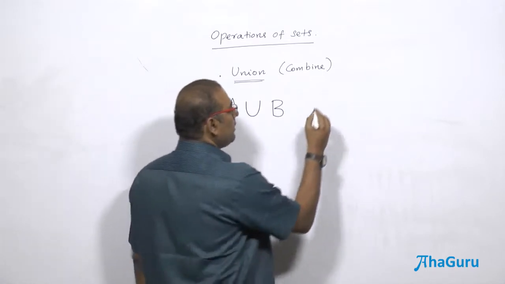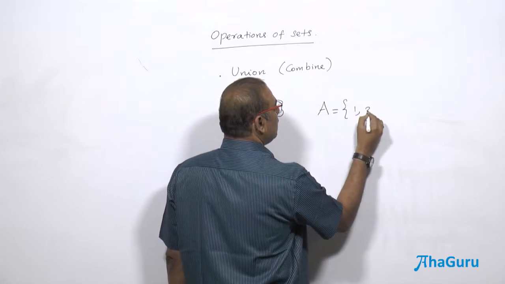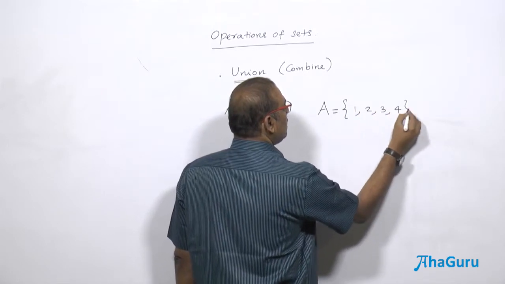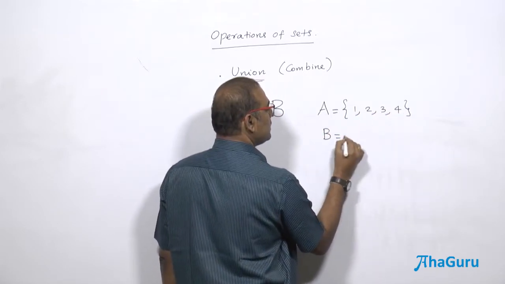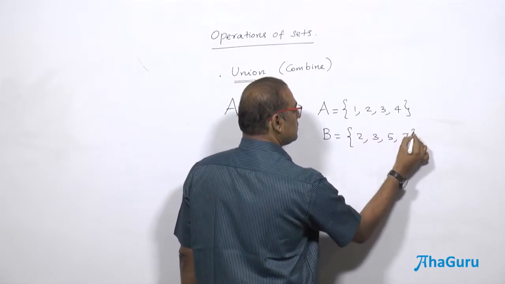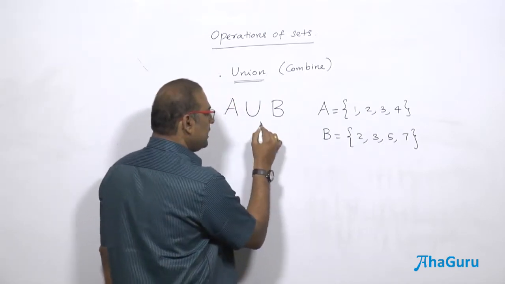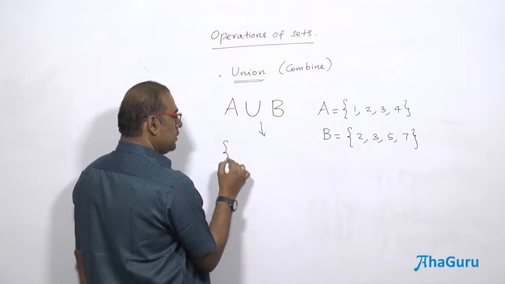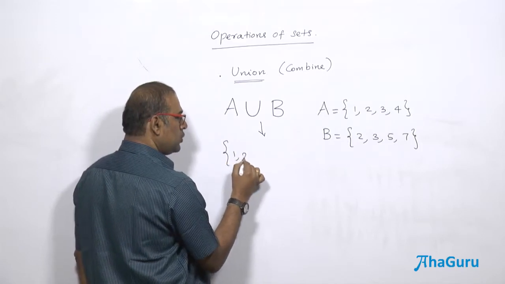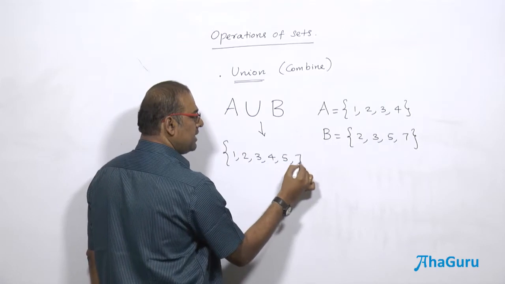One example, suppose your set A is and set B is, then A union B, for this case, will be 1, 2, 3, 4, 5 and 7.